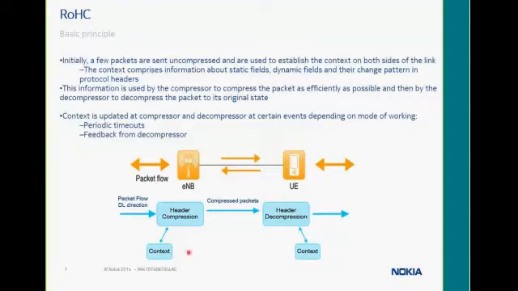We will have collected the context before we start. We collect the context and we decompress the headers, and the header comes out. Now, if there is an error, there will be feedback, or we will have periodic feedbacks where we send the full uncompressed header to verify that we still have proper context. And I'll get to that in a little bit.